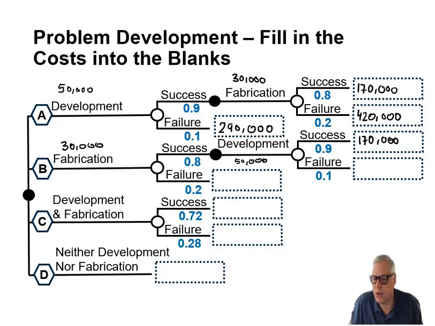And likewise, if things go bad, it's just another 420,000. We have to buy the engine at the cost of 34, so that's the worst case scenario, 420,000. And again, if we first fabricate, but then things fail, then we buy it for $24 an engine, so that's 240, and then we have the 30,000, which is 270, so we get 270,000 here.